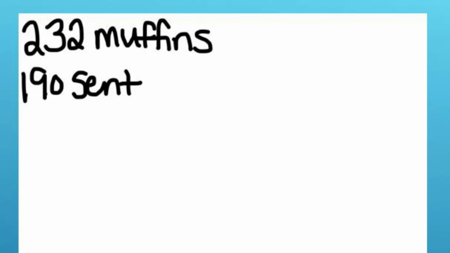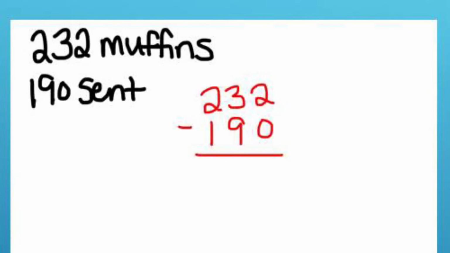To begin this problem, I start by writing down what I know. I know that the baker made 232 muffins and he sent 190 to a hotel. Since he sent 190 to a hotel, that means that I need to subtract 232 minus 190.